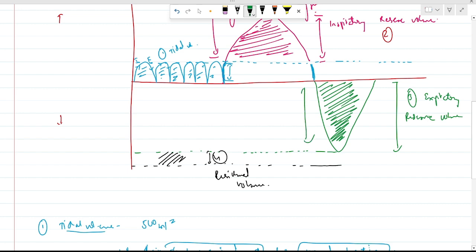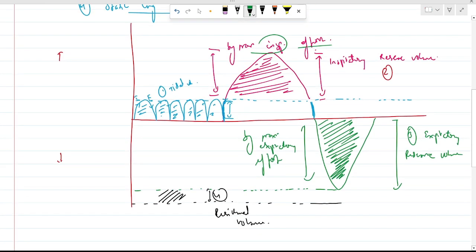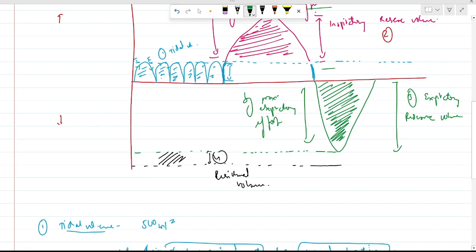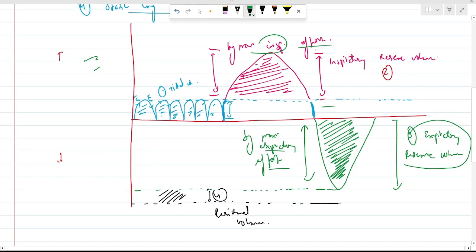This is our expiratory part, by maximum expiratory effort. Inspiratory reserve volume is by maximum inspiratory effort, over and beyond the tidal volume. Maximum expiratory effort gives expiratory reserve volume. Only draw this graph, remember this graph, and derivation and deduction is almost easy.